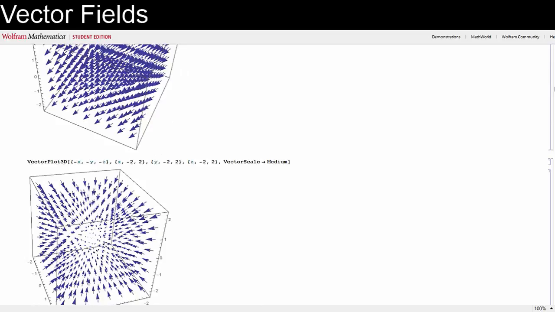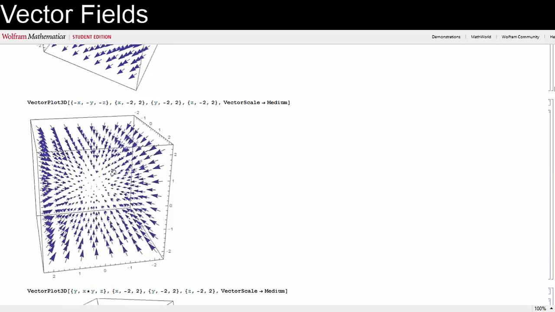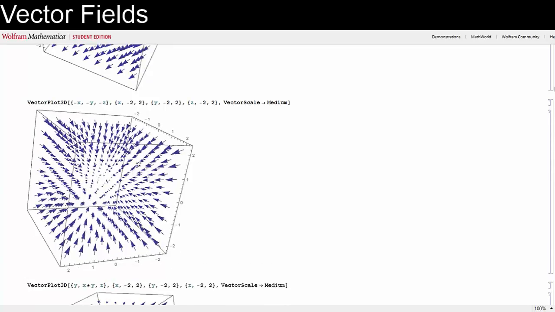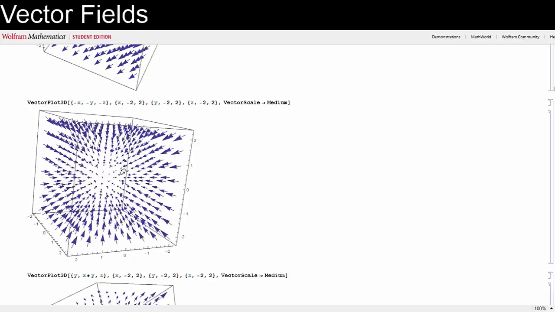And here's a vector field, -x, -y, -z. This probably looks the closest to the gravitational vector field, right? You see that the vectors are all pointing towards the center.